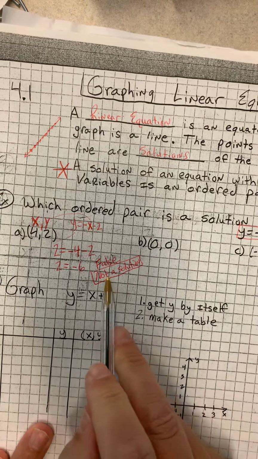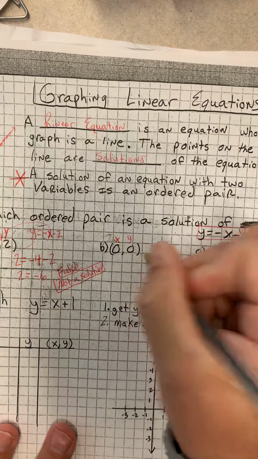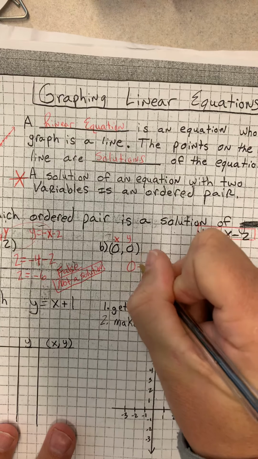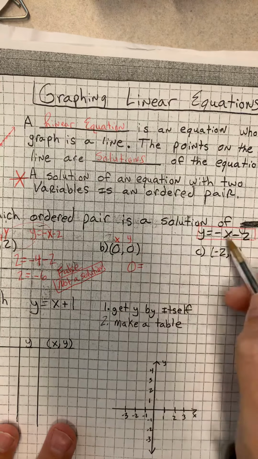Let's look at letter B, 0, 0. Remember, that's at the origin. I still, though, have an x, and I still have a y. I'm going to use this exact same equation over here, plugging in 0 for x and 0 for y. Well, that's pretty easy to plug in. That would just be 0, and that would be 0.